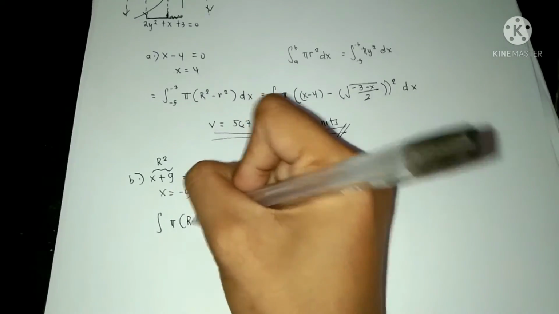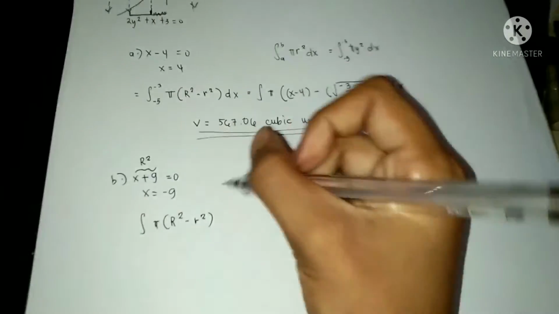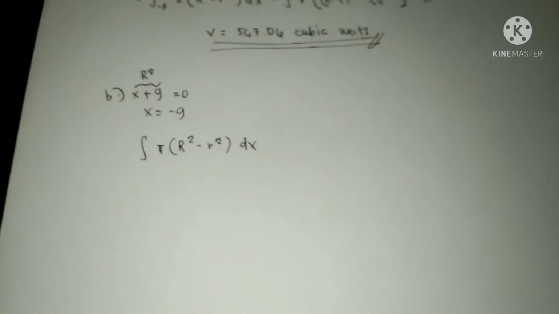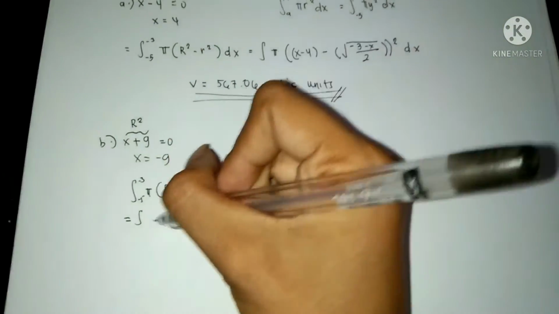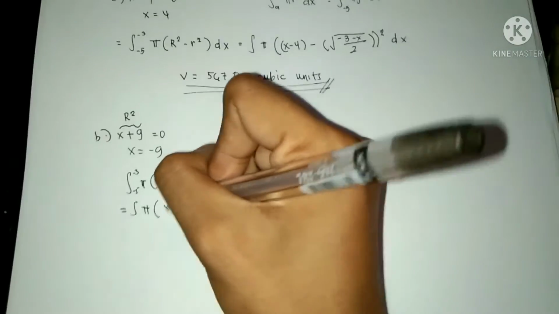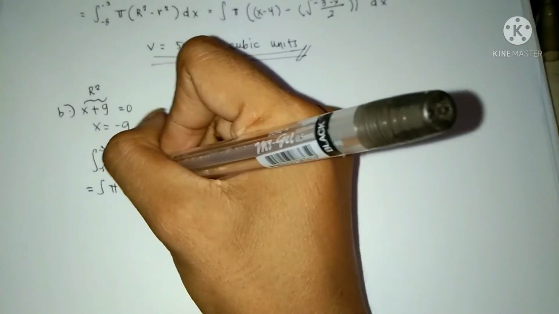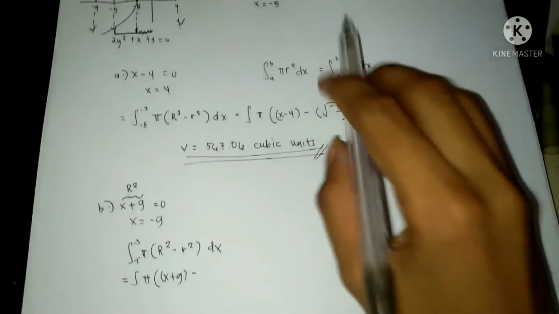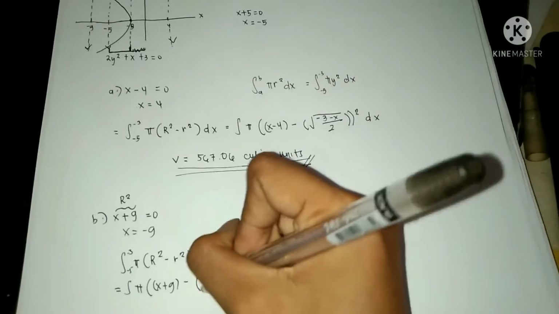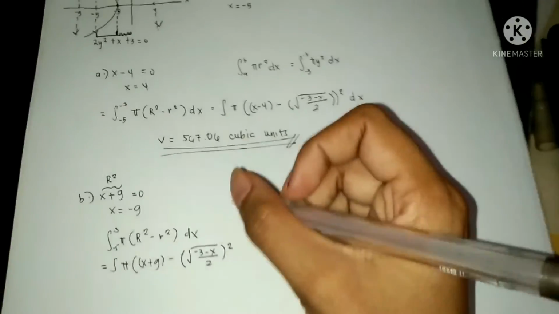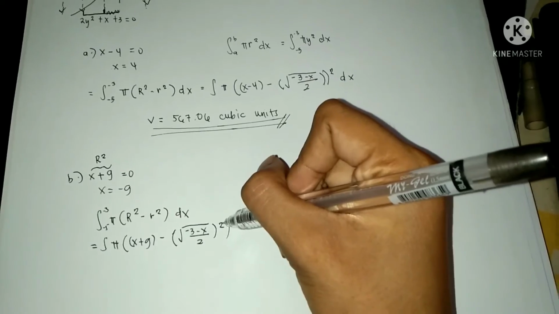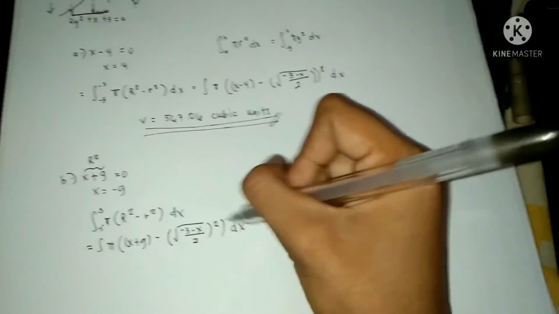So, the integral of pi big R squared minus small r squared dx is equal to the integral of pi, R squared niya is x plus 9 minus yung r squared, square root of negative 3 minus x over 2 squared, dx.